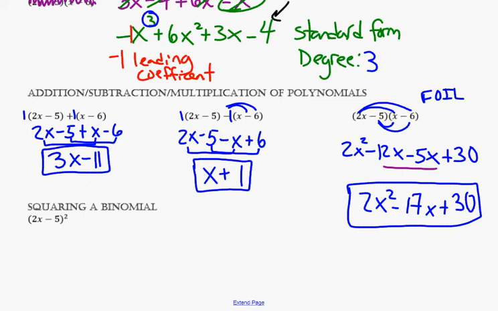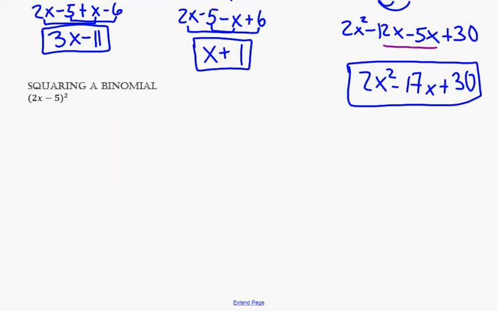And the last thing we need to do, by way of introduction, is look at what it means to square a binomial. So if I look right here, squared means multiply by itself. So I have 2x minus 5 multiplied by itself looks like 2x minus 5 times 2x minus 5. So this is, in fact, a FOIL problem, even if it didn't look like it before.